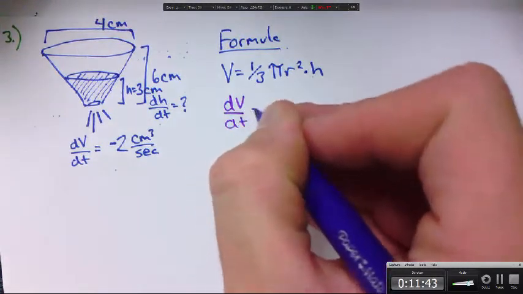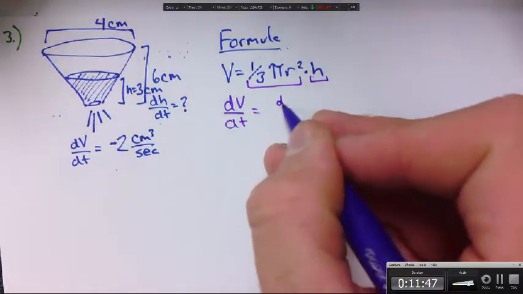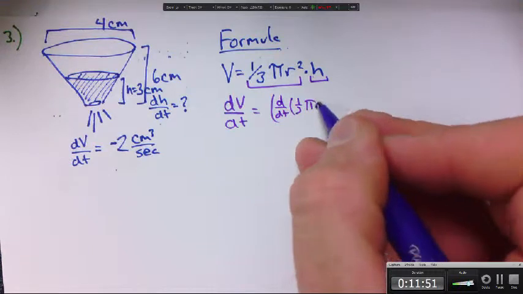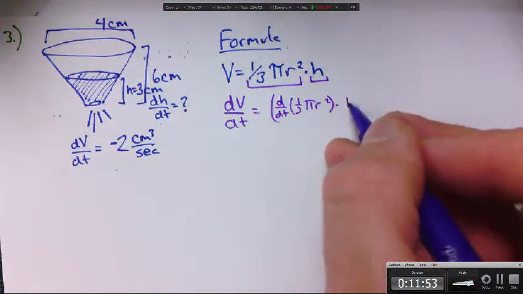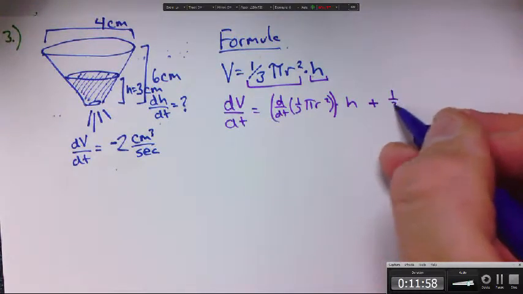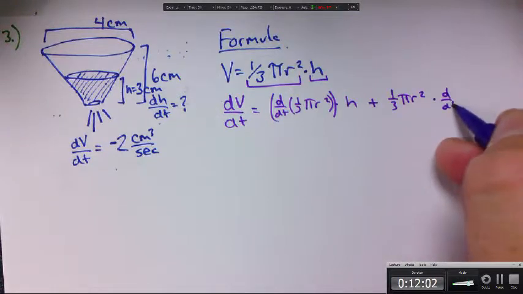We get dV dt is equal to, and we've got to use the product rule. We've got to take the derivative of 1/3 pi r squared times h plus 1/3 pi r squared times the derivative in terms of time of h.